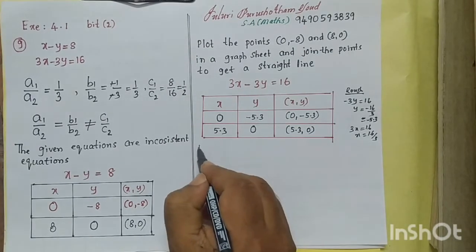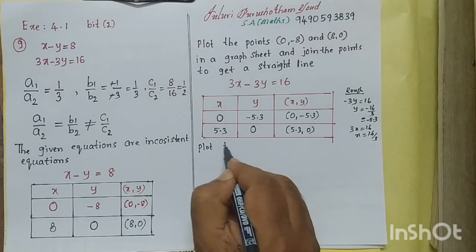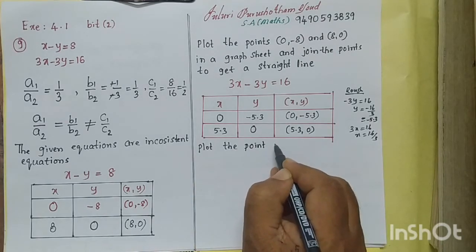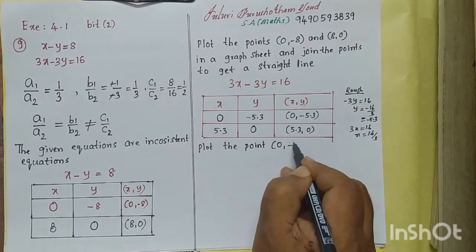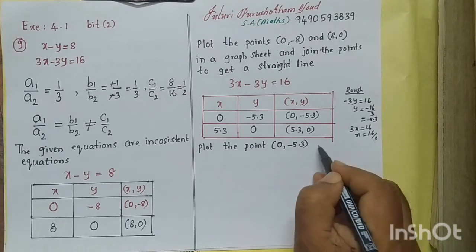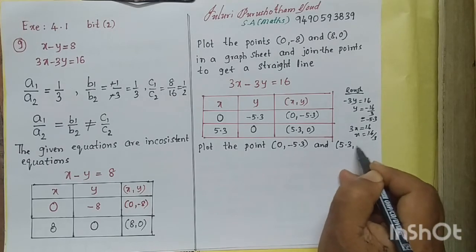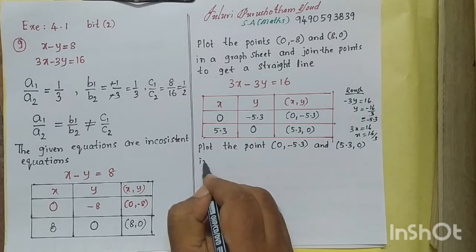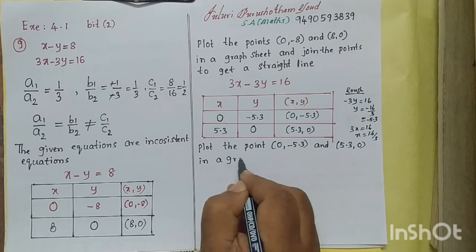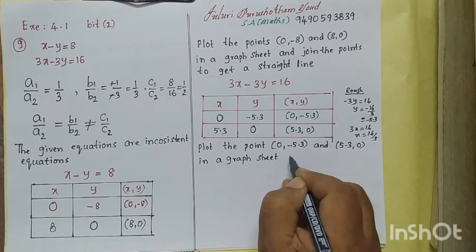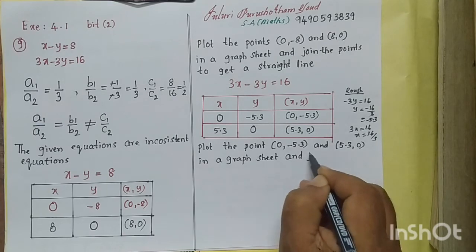Now plot the points 0 comma minus 5.3 and 5.3 comma 0 in a graph sheet and join the points.